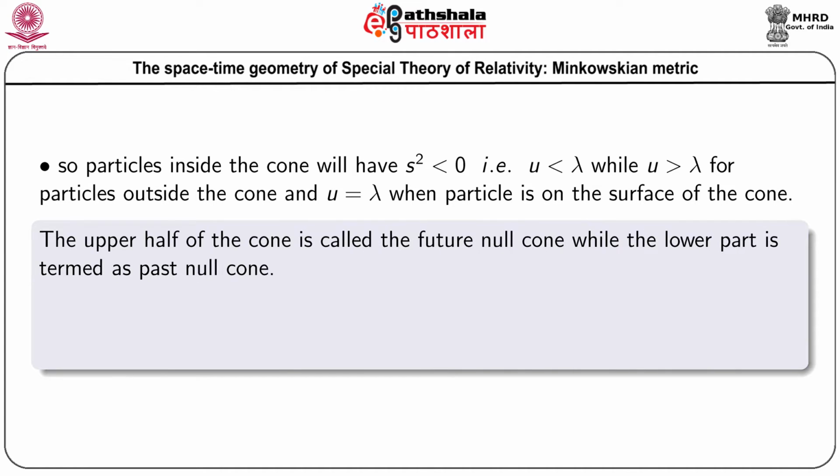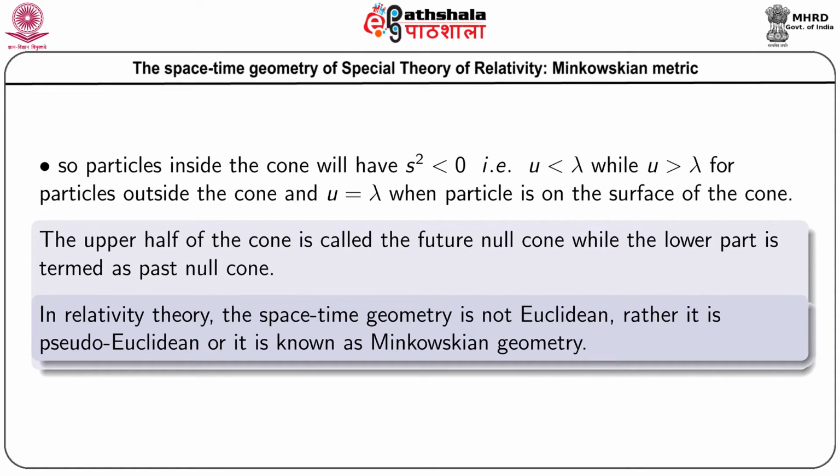The upper half of the cone is called the future null cone, and the lower part is termed the past null cone, and the total thing is called the null cone or the light cone. Now, in relativity theory, the space time geometry is not Euclidean, rather it is pseudo Euclidean, or what is known as Minkowskian geometry.